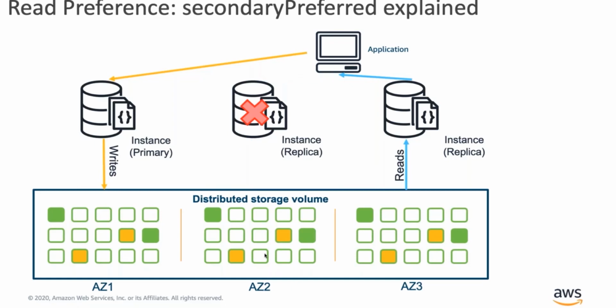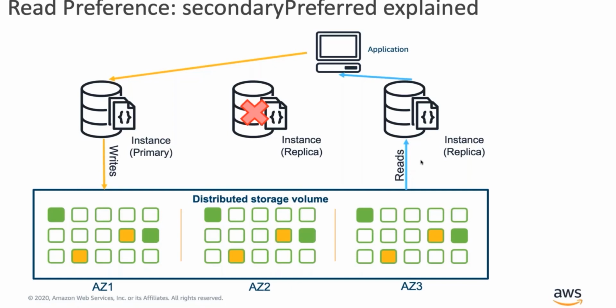In that event, because you were using the secondary preferred connection string attribute and you were connected to your cluster with a replica set, your application does not see any impact or any downtime because of this, because you still have one primary instance where your writes are going and one replica instance where all your reads are going.